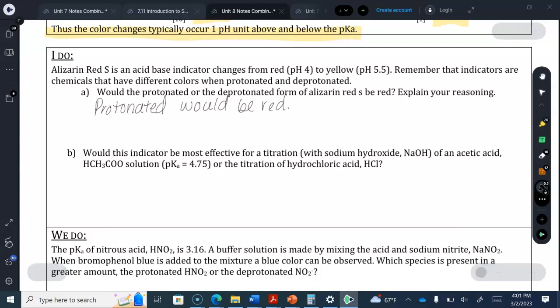our explanation would be at a low pH, there are lots of hydrogen ions.